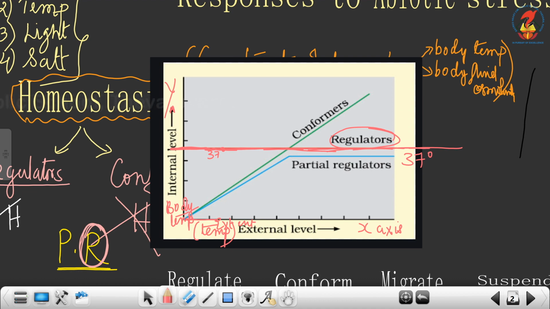Now talking about conformers. As the external temperature increases, the body temperature also increases. So we get a graph which is a slanting line rising slowly. Why is this violet color line rising slowly? As the temperature outside in the ambient medium is increasing, the body temperature also increases. So this is a graph depicting conformers.